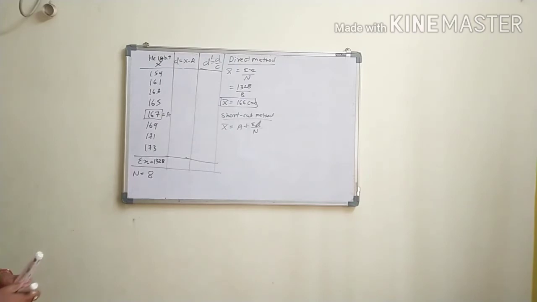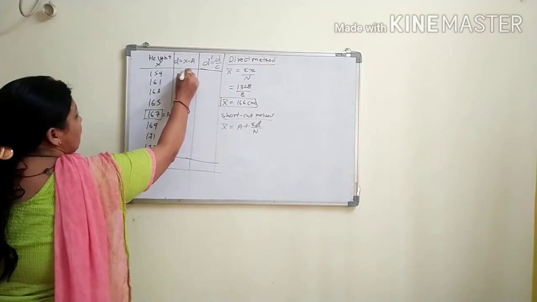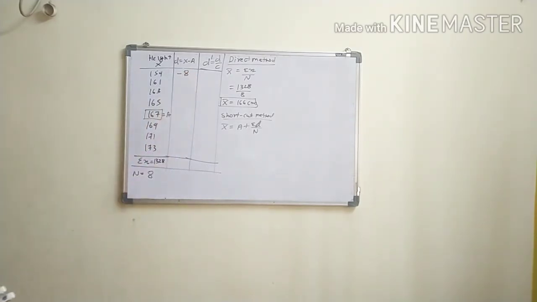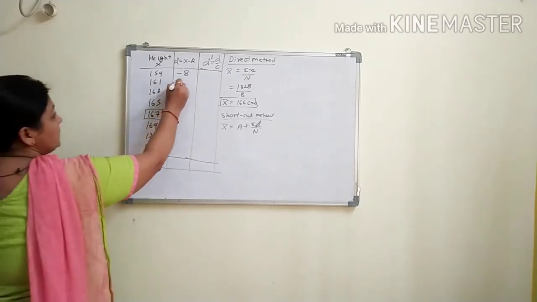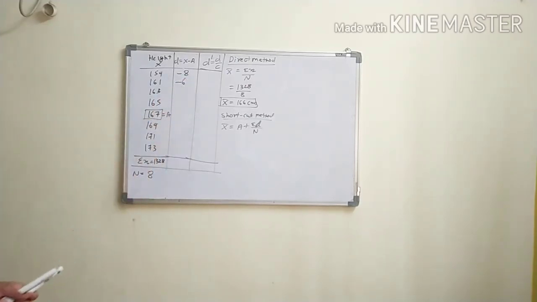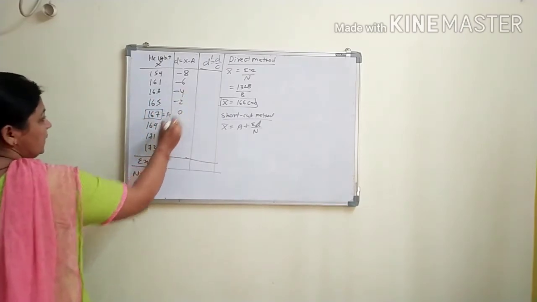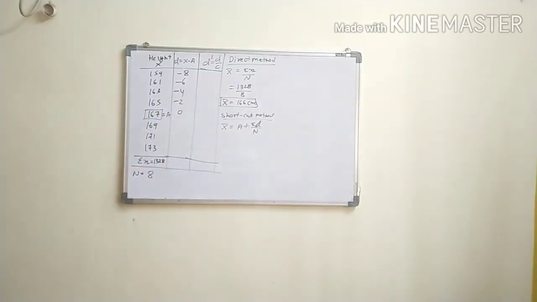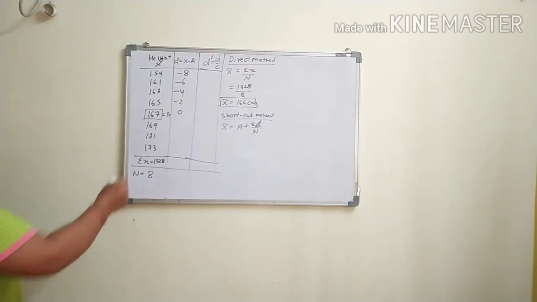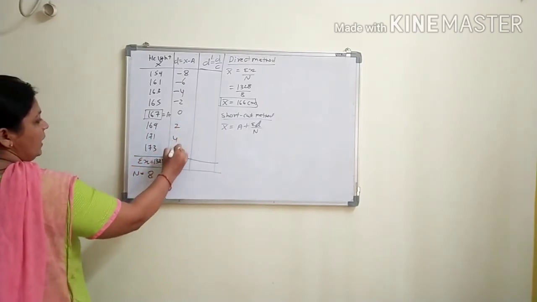Fine. So 159 minus 167 becomes minus 8. 161 minus 167 is minus 6, then minus 4, then minus 2, then 0, and 2, 4 and 6.